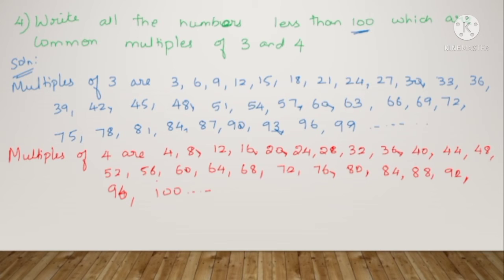Now we have to find the common multiples of 3 and 4. So what are the numbers?